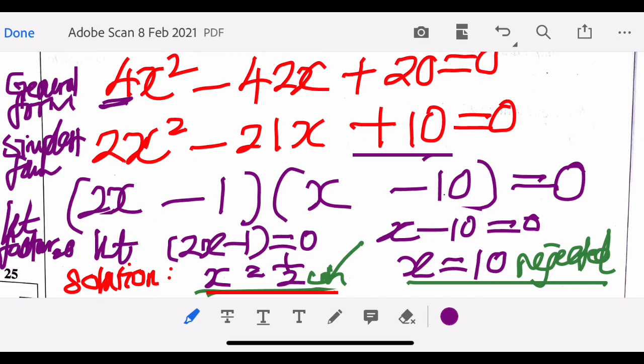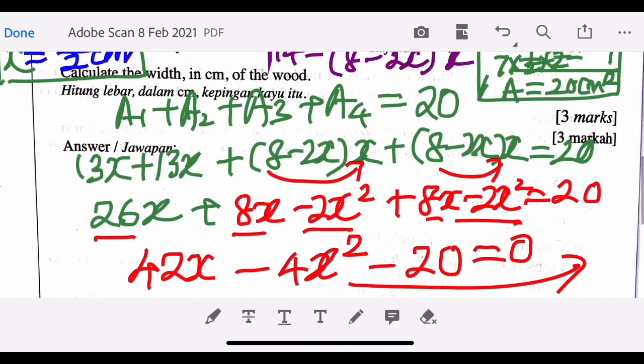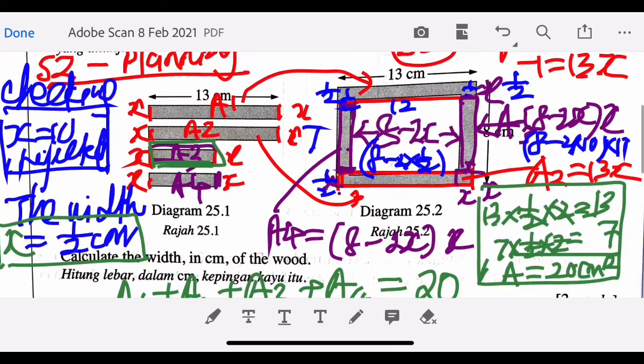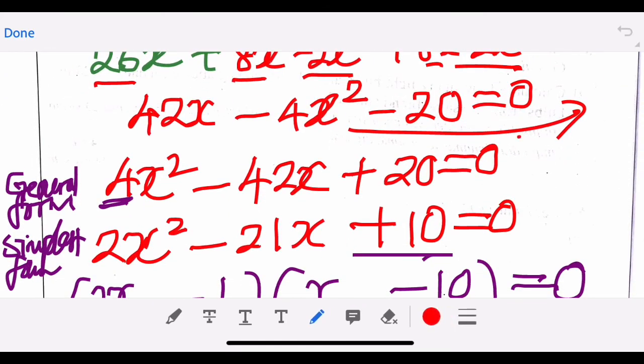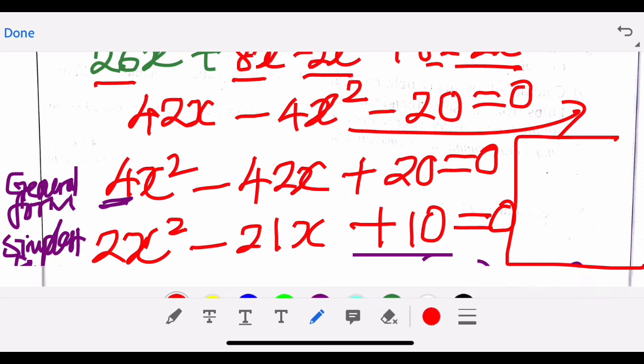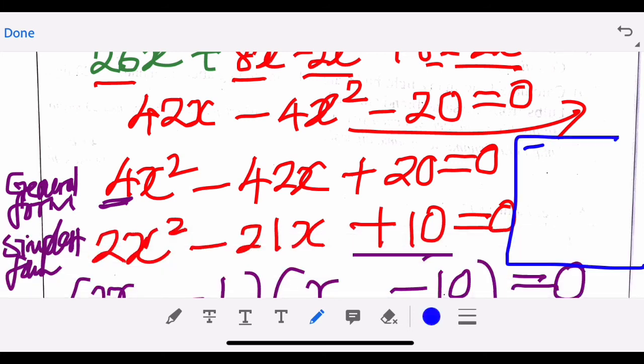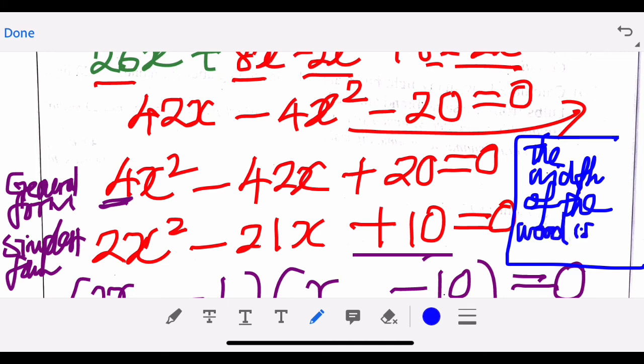Let's write down here. I don't have the space, so I write down the answer. Let me find a space to write. So the width of the wood is 1/2 centimeter.